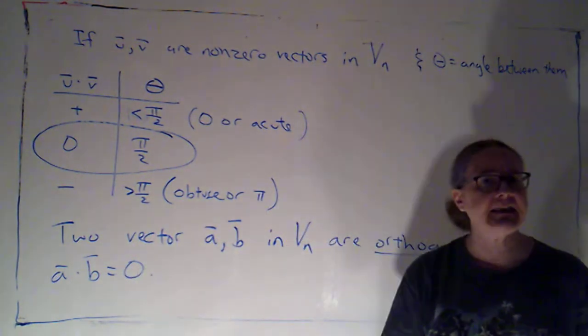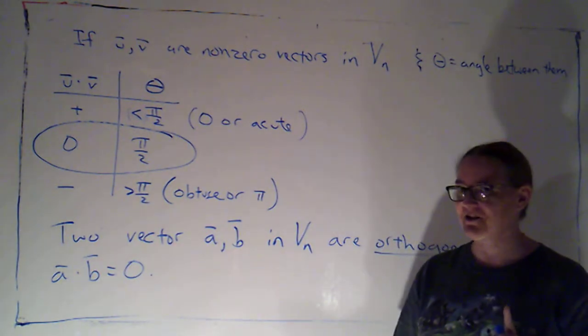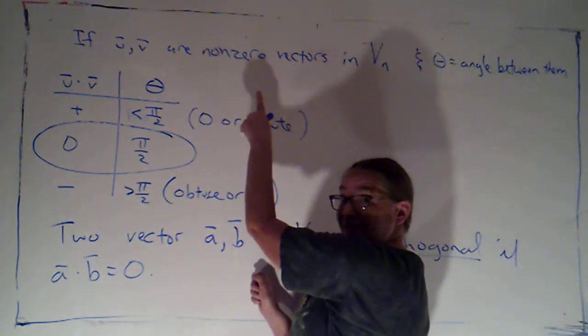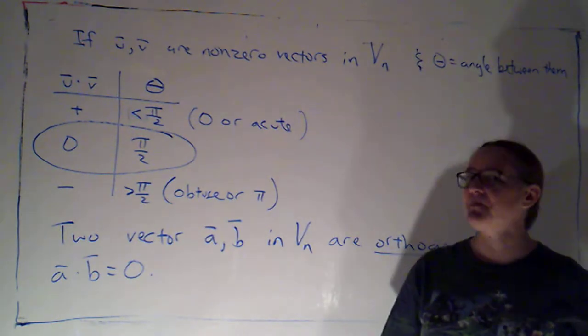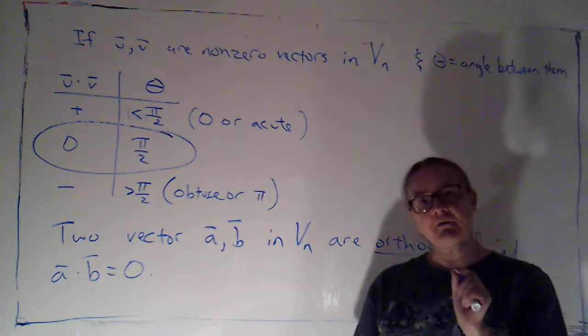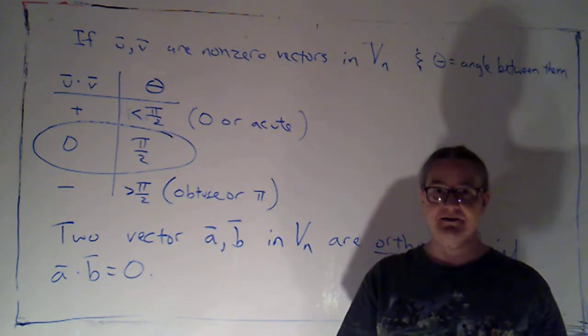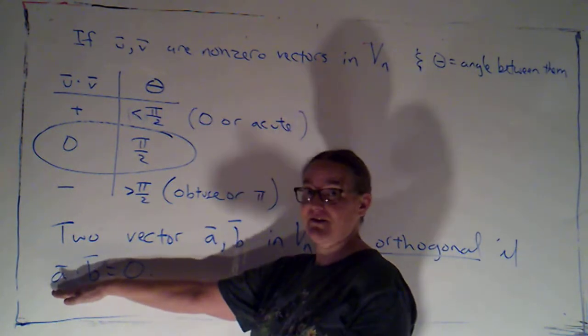Now sometimes people see that and they say, orthogonal means perpendicular. It does not. Be very careful. I carefully switched from u and v, which I had said were non-zero, to a and b, which I didn't say had to be non-zero. In order for the angle between vectors to be defined, the vectors have to be non-zero. But the dot product is defined, even if I have the 0 vector.